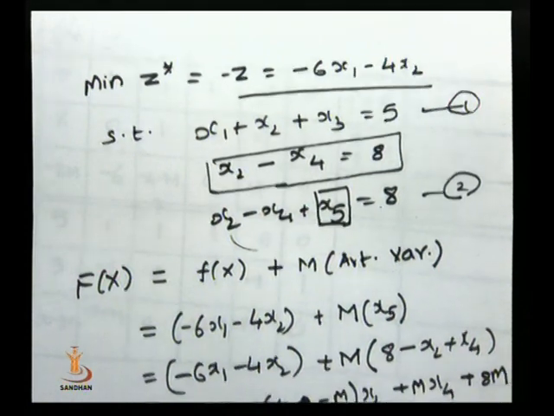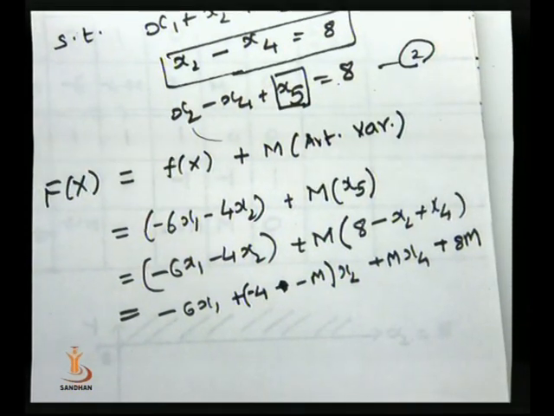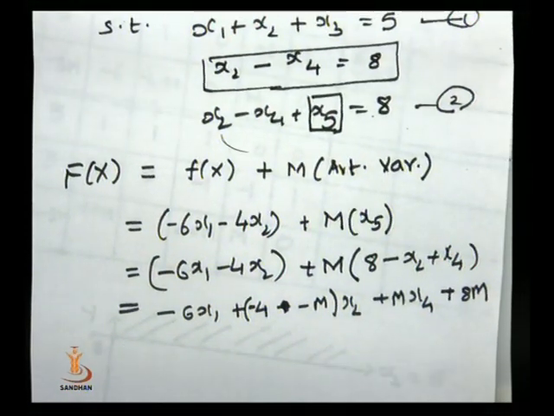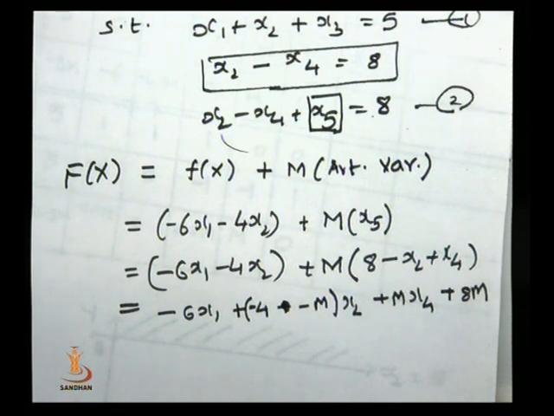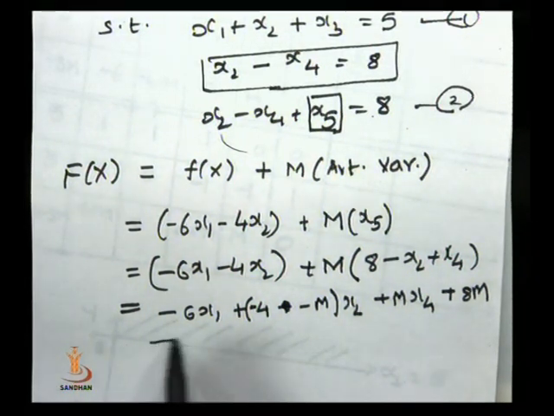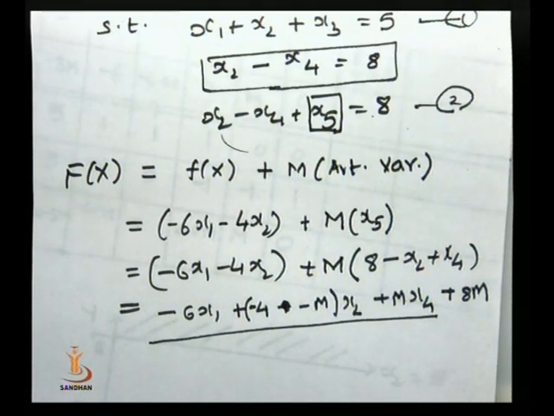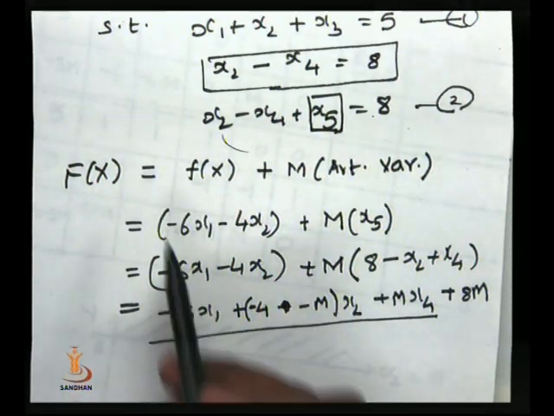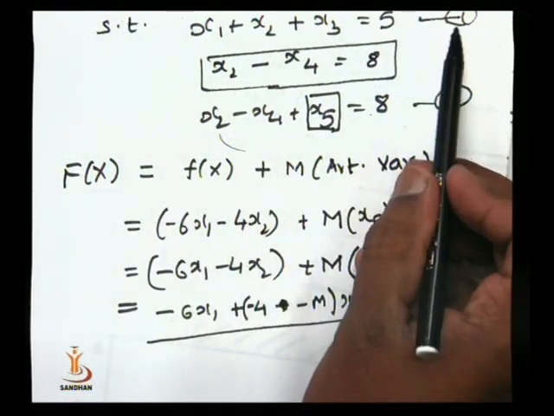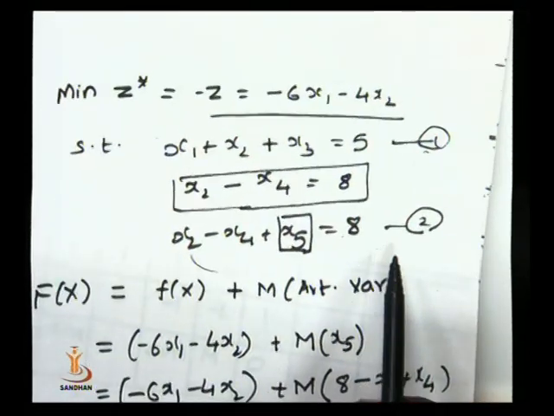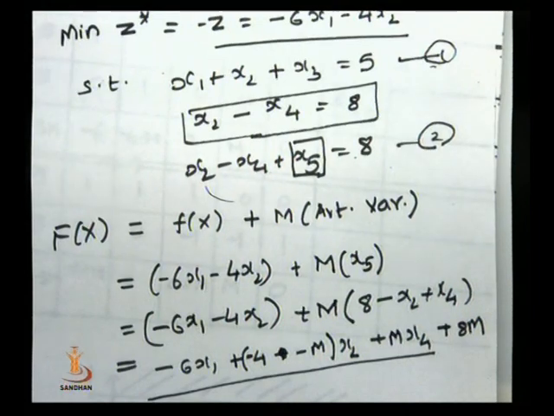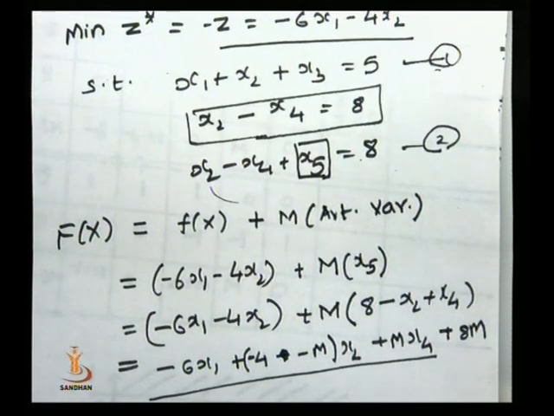So this is our objective function. Now this function we will write in the simplex table as the last row, and the constraints are these number 1 and number 2. These are the constraints, and as a result we get the following table.